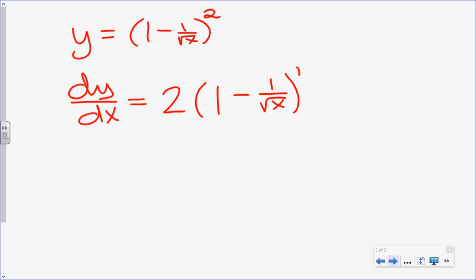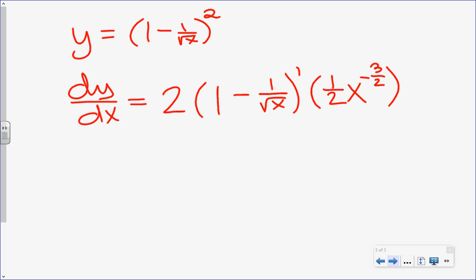Now, I feel like we've been doing derivatives for a while now. We can maybe do some rewriting in our head, right? This is 1 minus x to what power? Negative 1/2. So when we take the derivative, the 1 is 0. So we have negative x to the negative 1/2 that we have to worry about. So when we do the power rule, negative 1/2 x to the negative 3/2 would be that derivative of the inside.